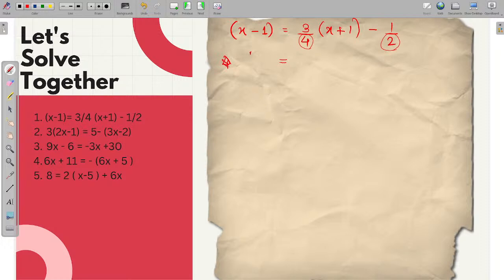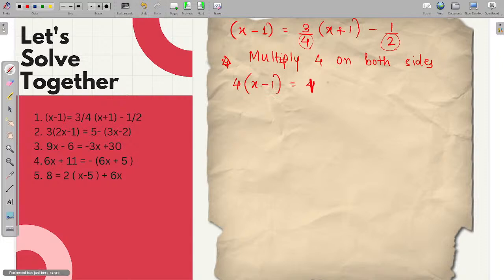If I multiply 4 on both sides, right? So I'll get 4 into x minus 1 equals 4 into 3 by 4 x plus 1 minus 1 by 2, right?